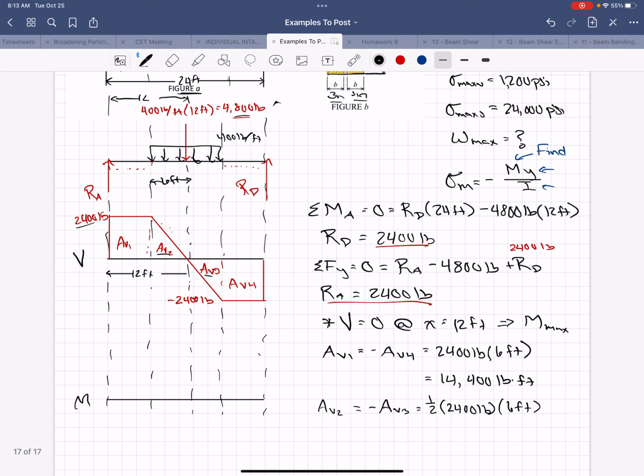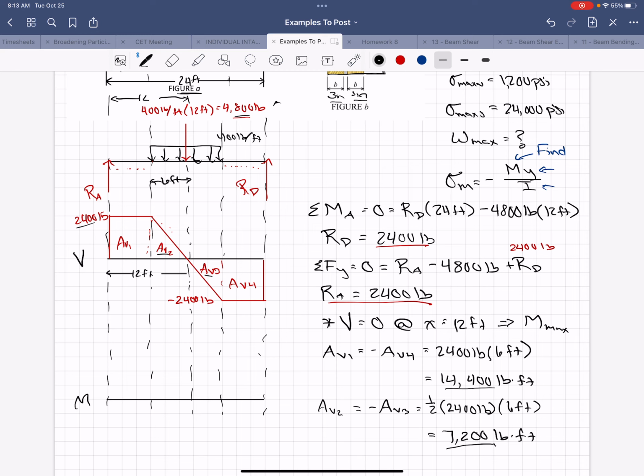And we get that this shear area equals 7,200 pound-feet. These shear areas are our change in moment.